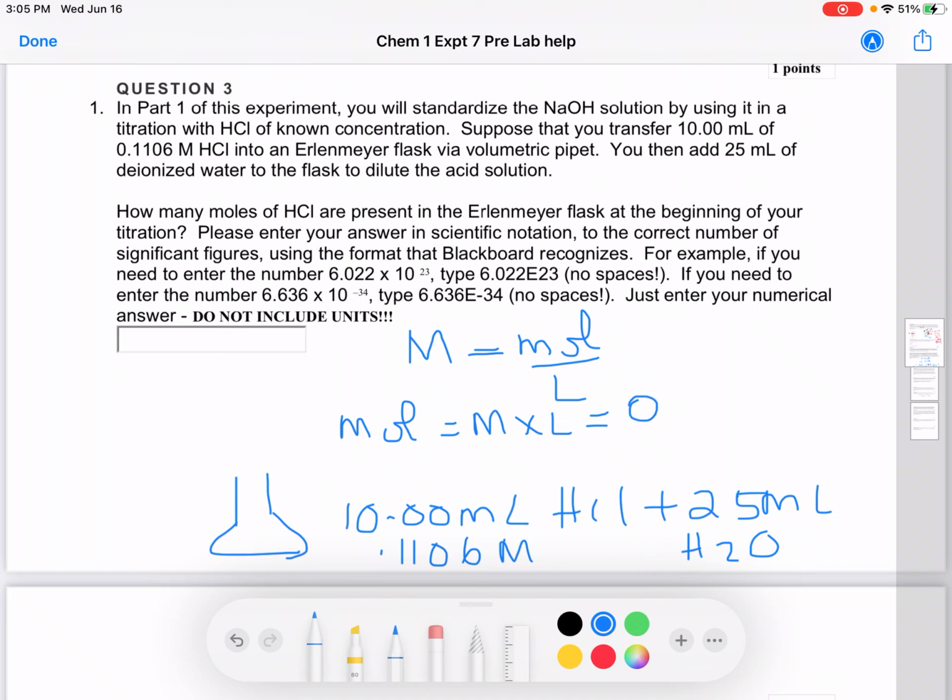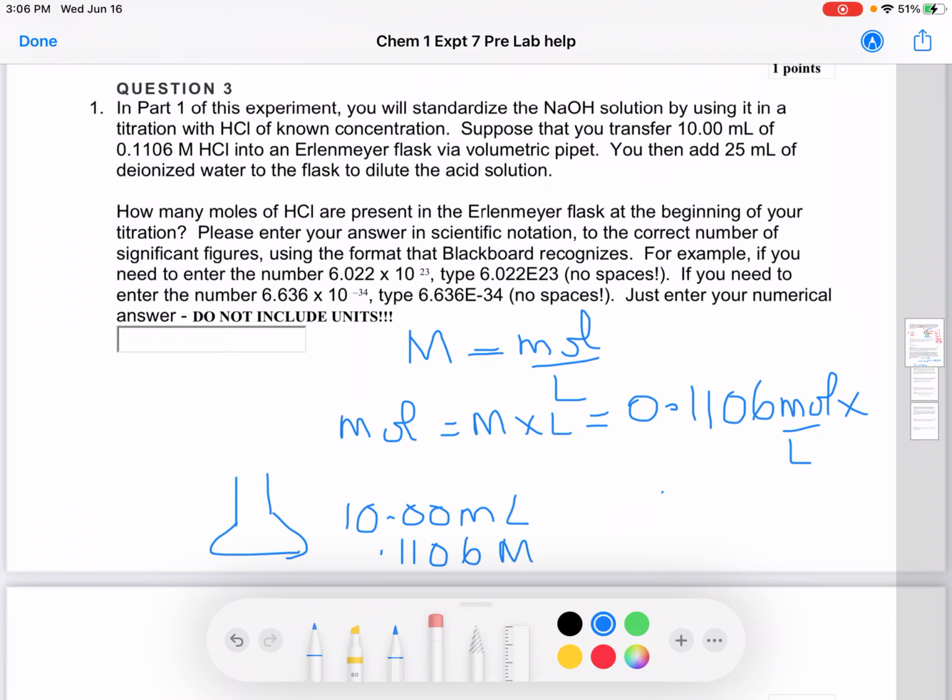So molarity is 0.1106 moles per liter times the volume, which is 10 milliliters, 10.00 milliliters.